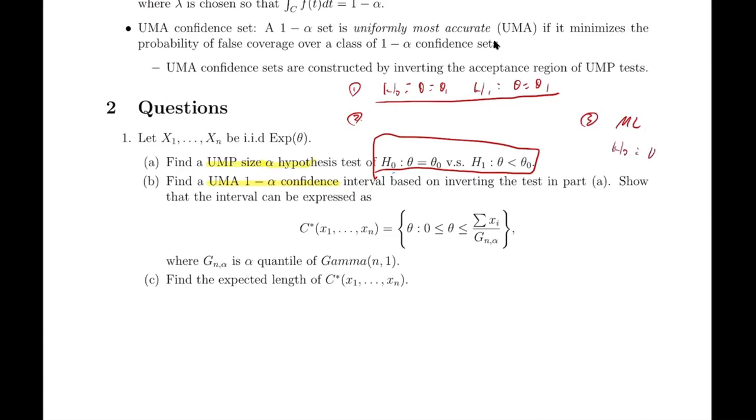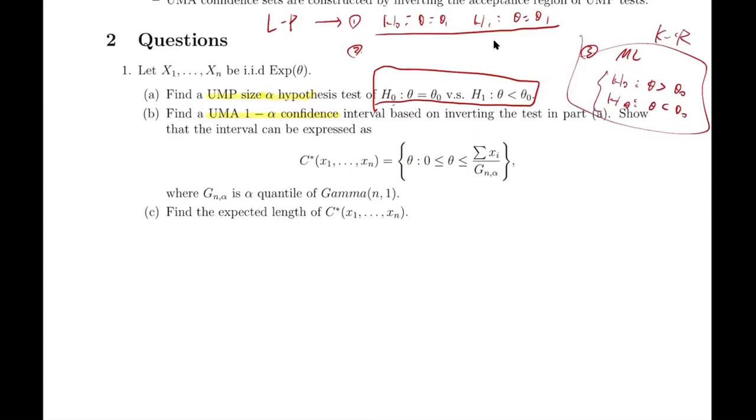This theorem is Karlin-Rubin, and this one is the Neyman-Pearson lemma. And this one, I think they don't have a name, and we don't have a theorem in the notes, but it's not too hard.